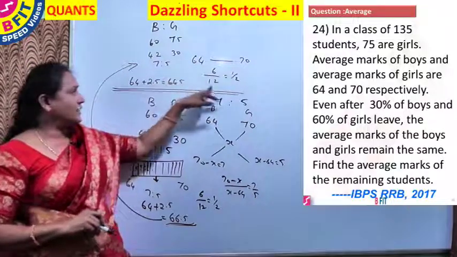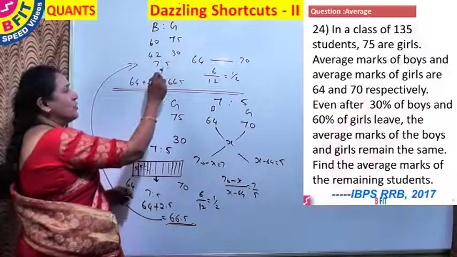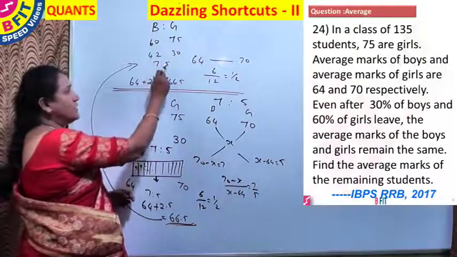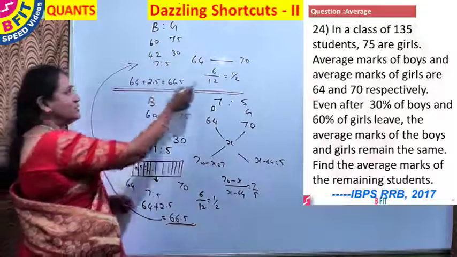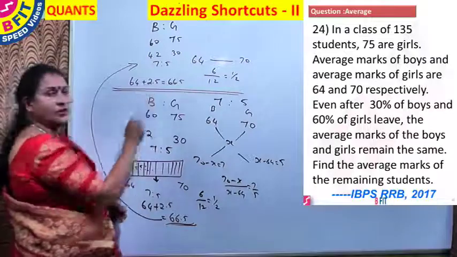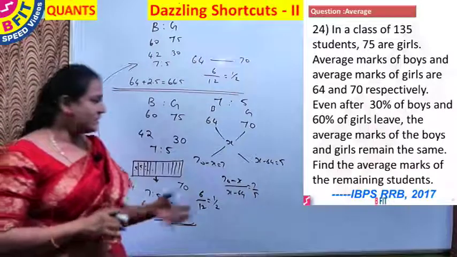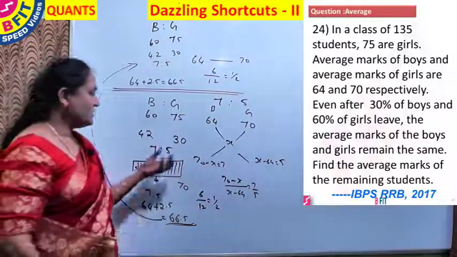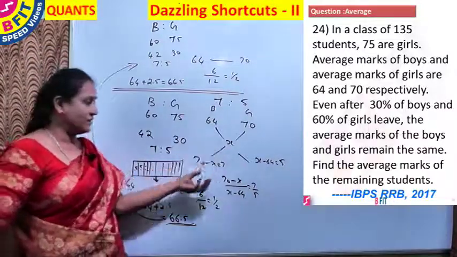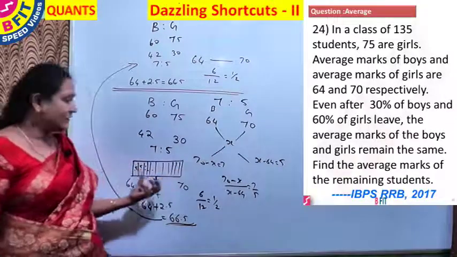I divided by 12, which is half. From this ratio we understand that the average of the whole is 5 parts more than 64. One part is half, so 5 parts will be 2.5. So the answer is 66.5. Friends, instead of doing the long working, with this allegation process you can work it out. When the average of the whole is asked, this part of the working will be easier.